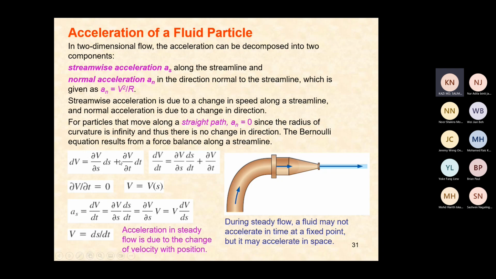In this case, we can write that the Bernoulli's equation results from a force balance along a streamline. We can write dV is equal to del V by del s into ds plus del V by del t into dt.